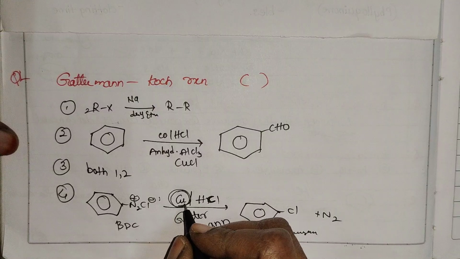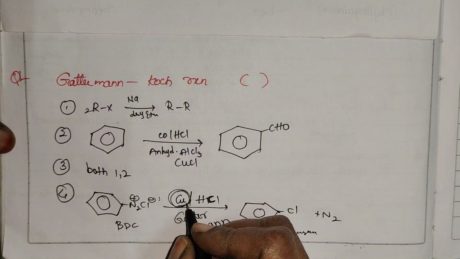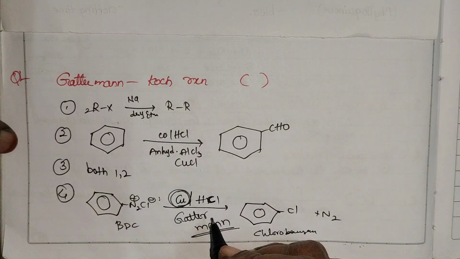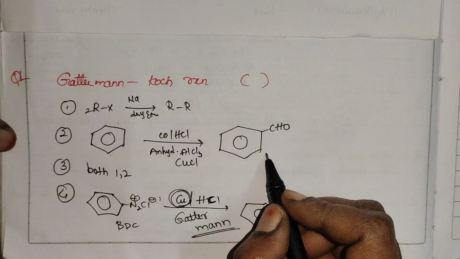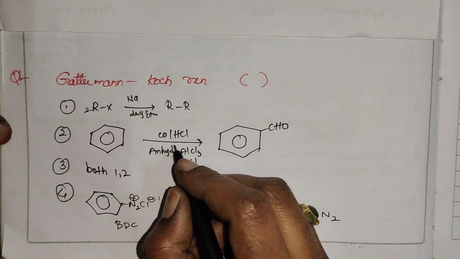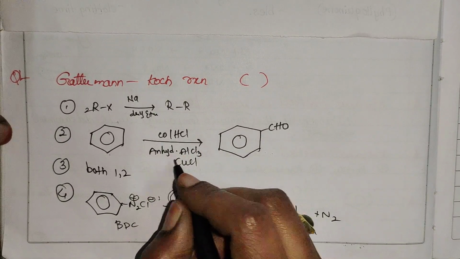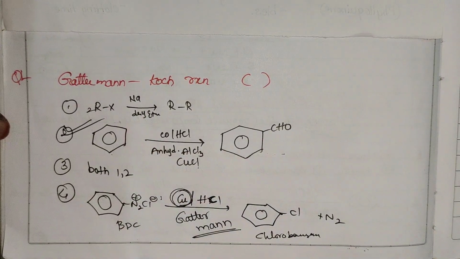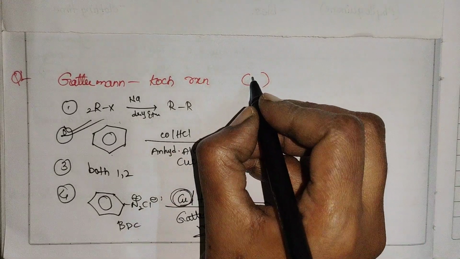In the place of copper powder, if we use copper chloride or copper halide, that is the Sandmeyer reaction. Here Gattermann-Koch means benzene directly converts to benzaldehyde in the presence of carbon monoxide and HCl, anhydrous AlCl3 and copper chloride. This is the Gattermann-Koch reaction. So the second option is right.